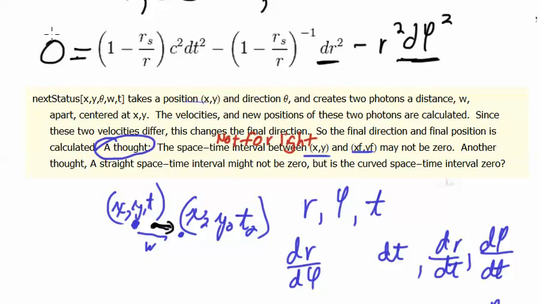If we define this as something other than 0, then that's not light. It would have to be a particle of some kind. Let's look at this. Another thought. A straight space-time interval might not be 0, but is the curved space-time interval 0?